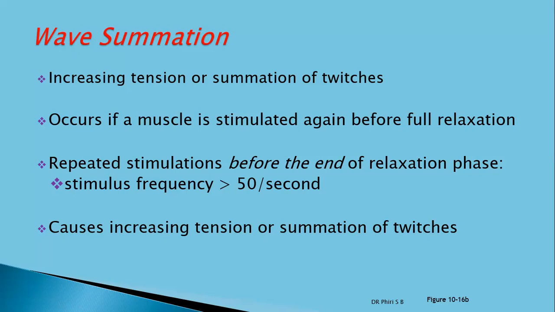So before full relaxation of the muscle, you stimulate it. So you're not having treppe there. There will be wave summation. Repeated stimulation before the end of the relaxation phase. So if the stimulus frequency is more than 50 stimulations per second, then you're going to have wave summation. So it's going to cause an increase in tension and summation of twitches.